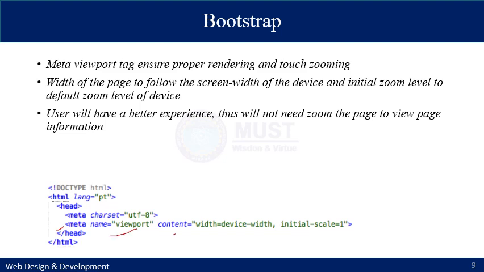The content is defined that width is equal to device width. That means the width will be that of whichever device is requesting. And initial scale is 1, that means your website will not be zoomed, it will be at the level 1 to 1. So the user will have a better experience and will have no need to zoom the page to view the page information.